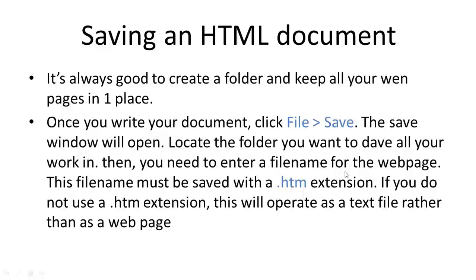This file name must be saved with a .htm extension. So we're going to open File, Save, locate where we want to save it in our folder, and then we're going to write the file name plus .htm or .html, whichever you prefer.